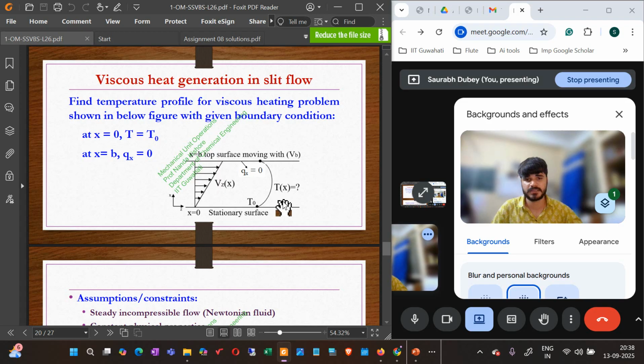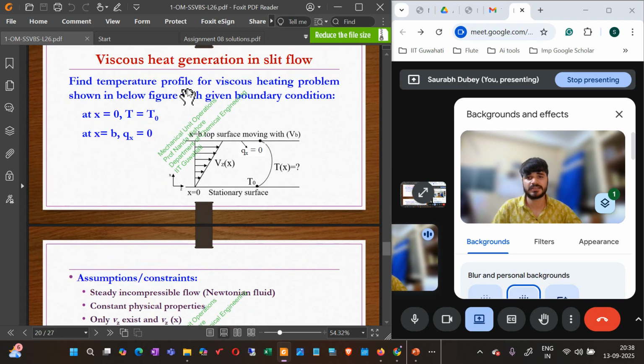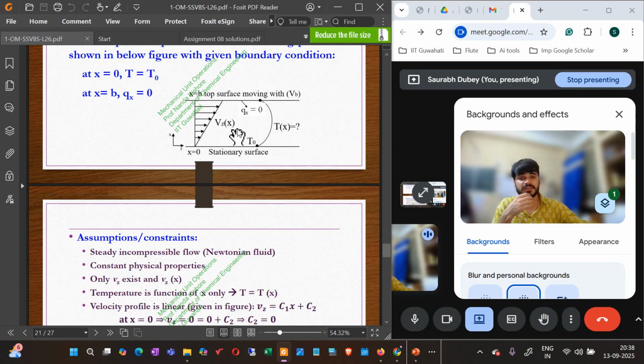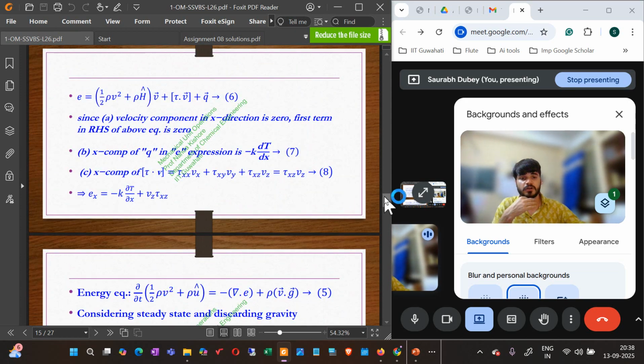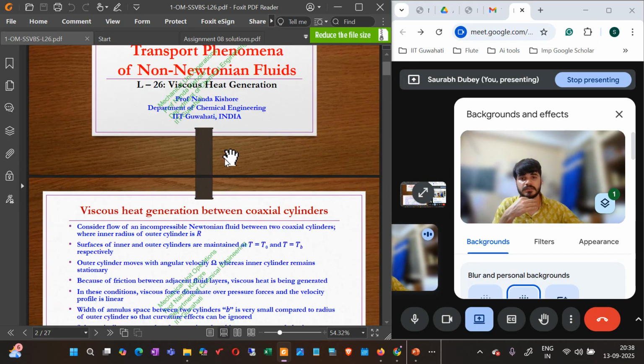So viscous heat is being generated in a slit flow. So find the temperature profile for the viscous heating problem shown below. So here you see that V b is a similar problem to what we have just solved. So x equals 0, T equals T0, and x equals b. You are having qx equals 0, right? So that's what the assumptions have been told to you for incorporating non-isothermal behavior in the system.